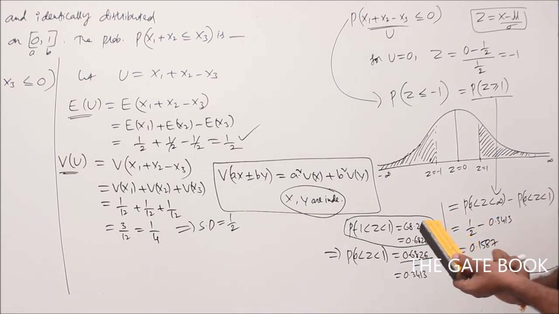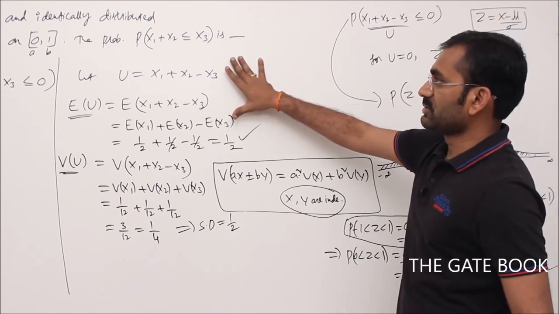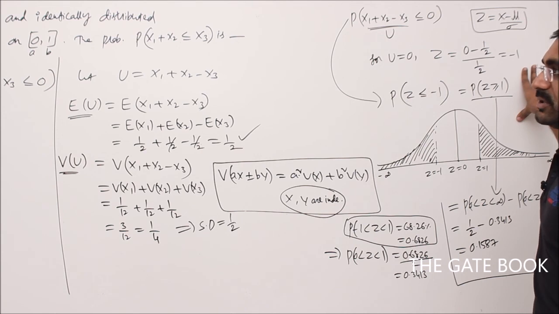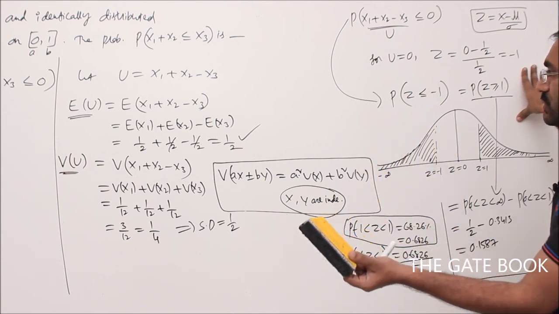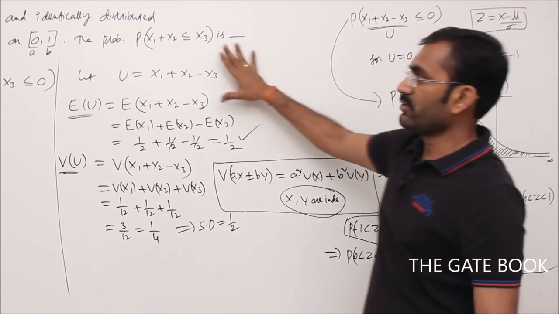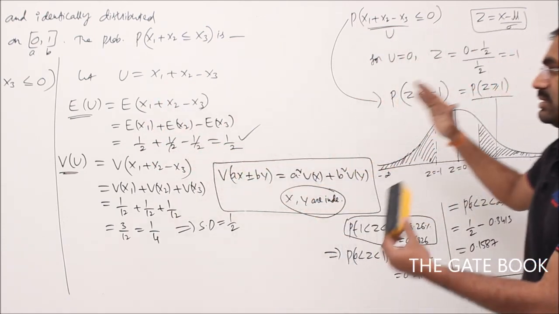See here, for this problem, you have to convert this uniform distribution problem into normal distribution, because all distributions finally tend to normal distribution. Using only the uniform distribution, we cannot solve this problem, so we are converting it into normal distribution.